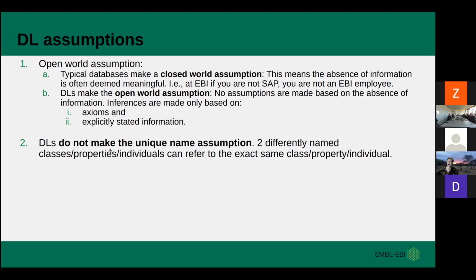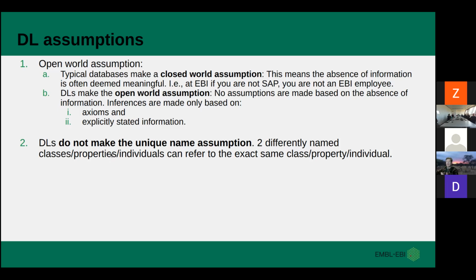Okay, so there's two things that really trip people up when they come to ontologies for the first time, in description logics specifically. And that is this whole open world assumption thing. I think the first thing to notice is that we struggle with this largely because so much of our world, we think in terms of closed world.